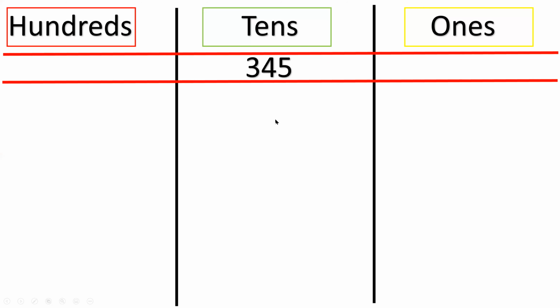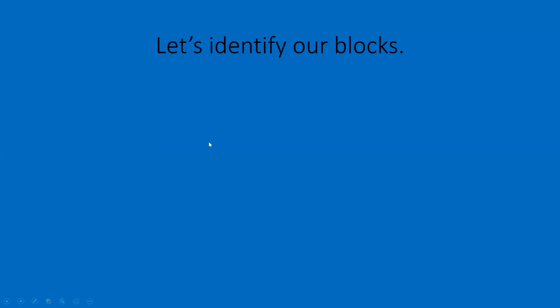We talked about breaking apart our numbers like 345 and putting them in the right spot in our place value mat. So let's do this one together. 5. We have 5 ones. The number in the middle is always our tens, 4 tens, and the number in the front is always our hundreds. 300. Great job.